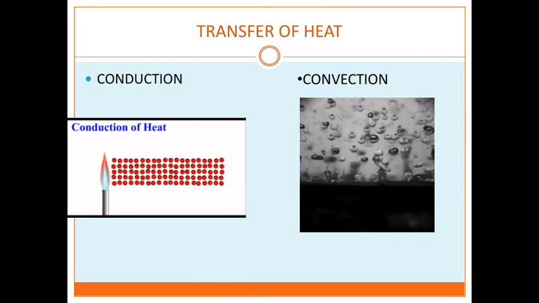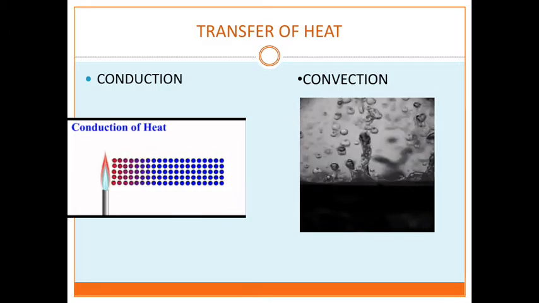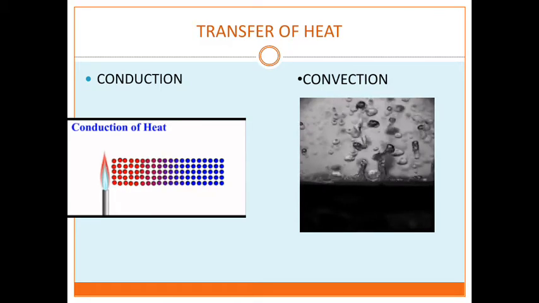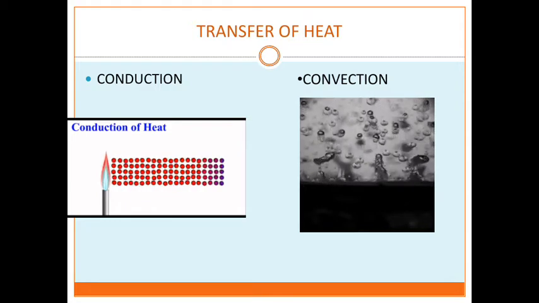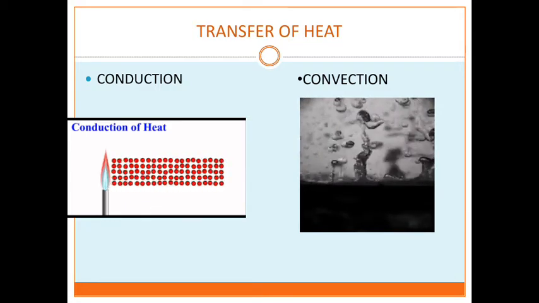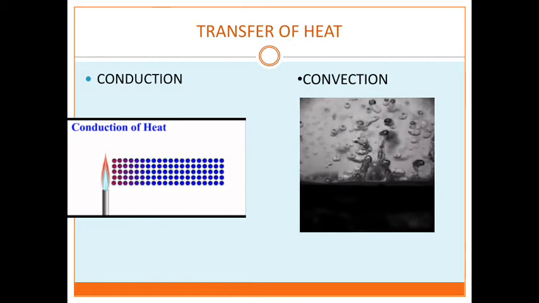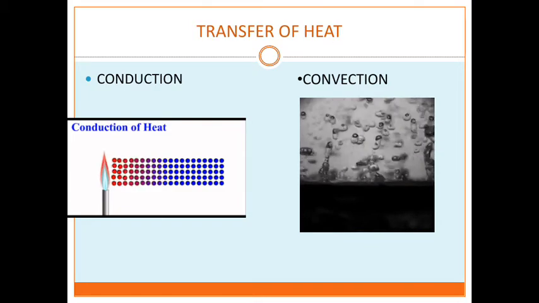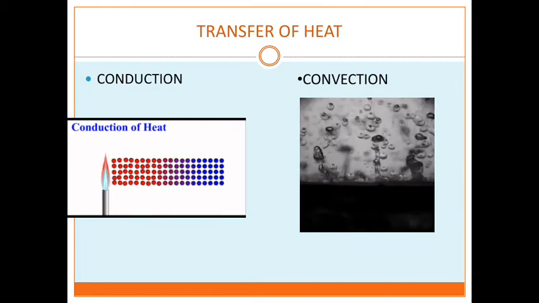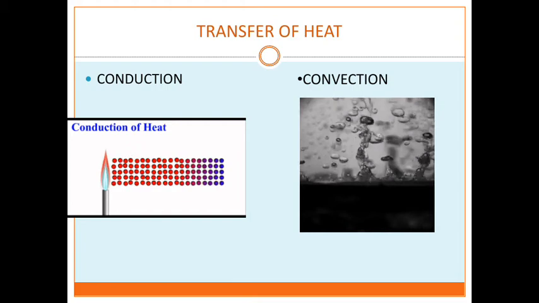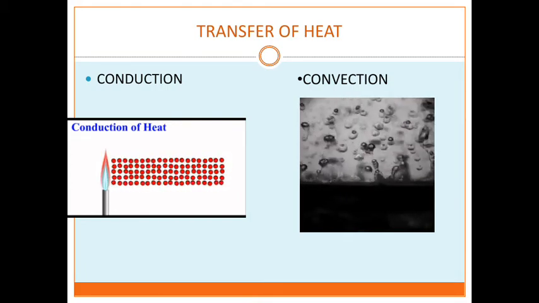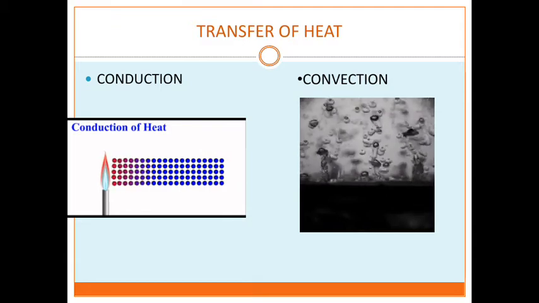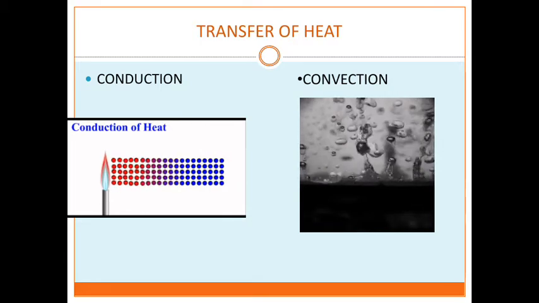If you take conduction first, I'll give a small example. If you keep one cup of hot water and put a spoon in it, after some time you will feel the end of the spoon outside the water, not inside the cup, is hot. So that is heat transfer. The heat is transferred from the cup to the end of the spoon.